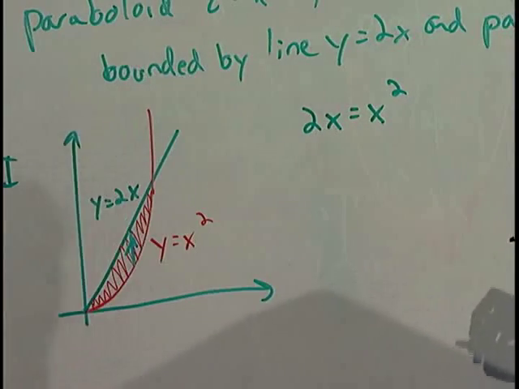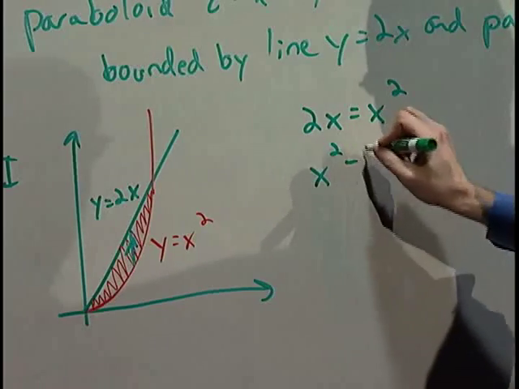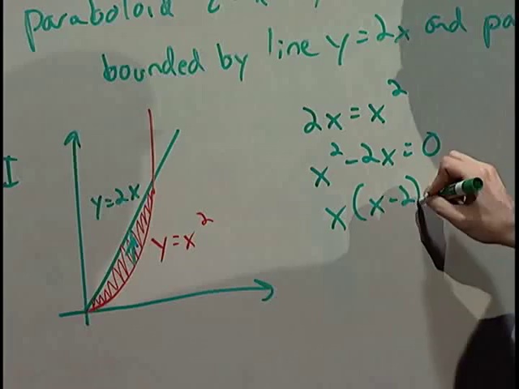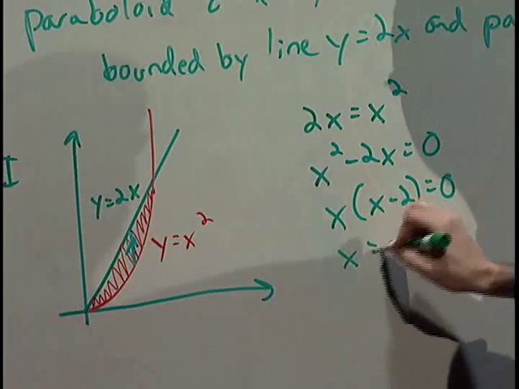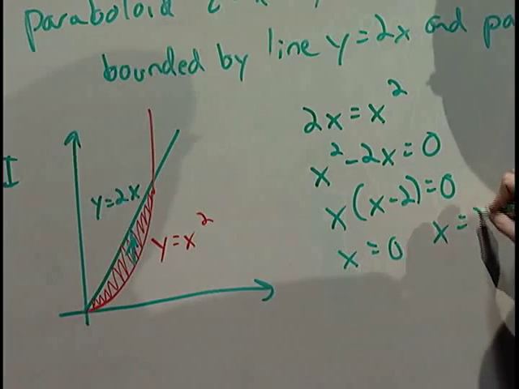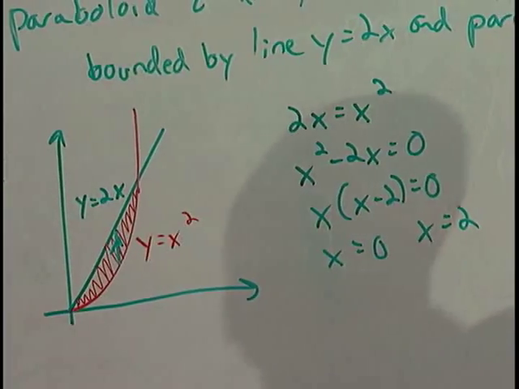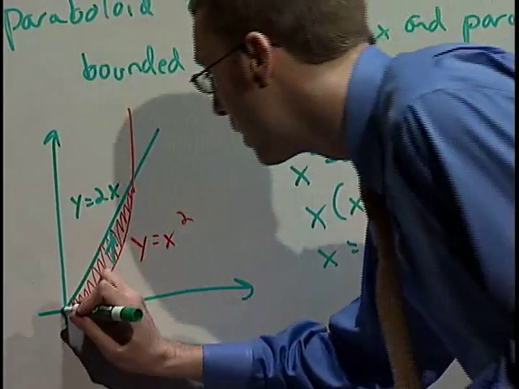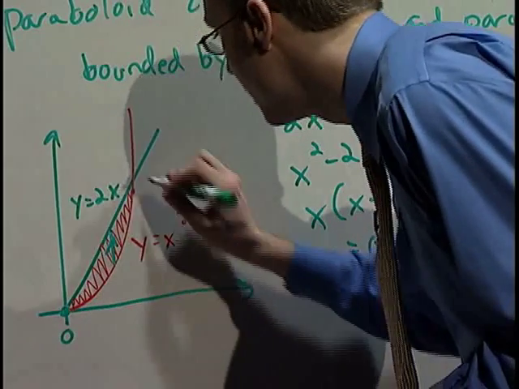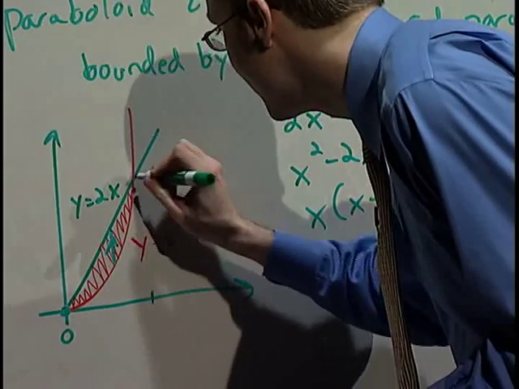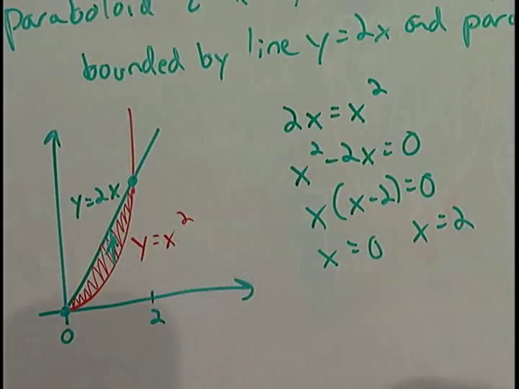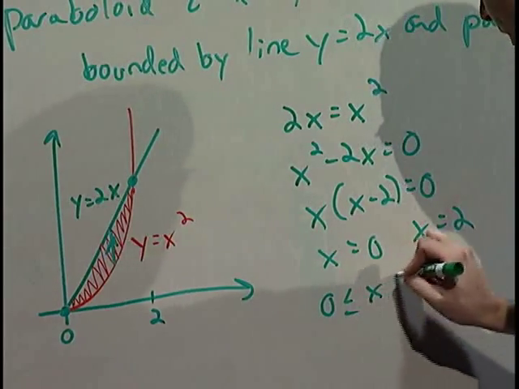We get x squared minus 2x equals 0, pull out an x, and you get x times (x minus 2) equals 0, so x equals 0 or x equals 2. Does it look right? Yeah. So there's 0, and that point up there is 2. There are your x limits of integration.